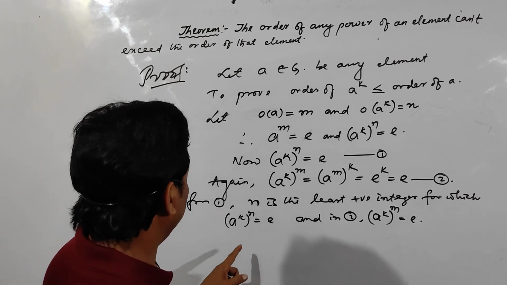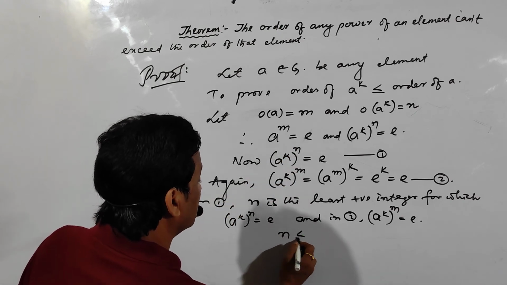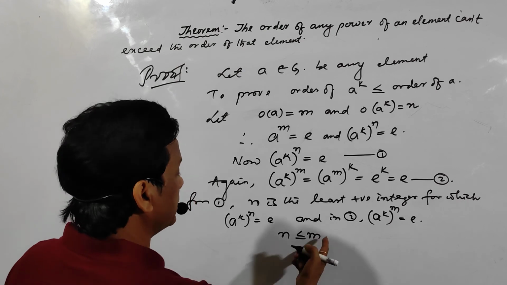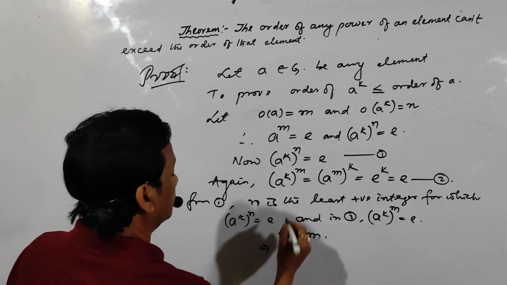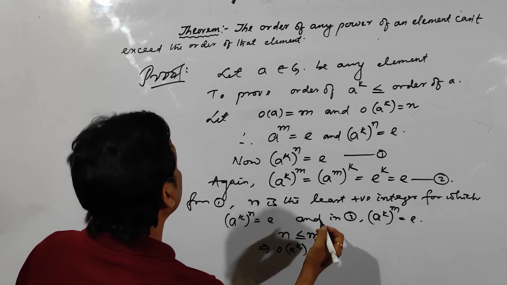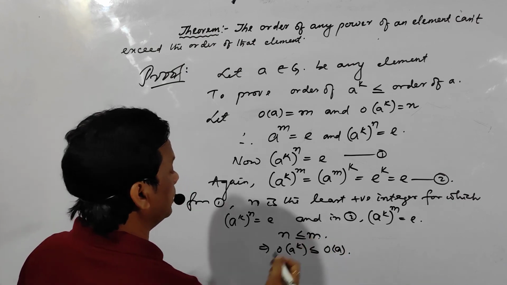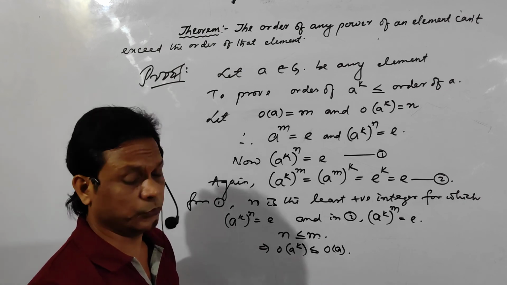Have we written correctly or not? n is less than or equal to m. Okay, so same thing, m is greater than or equal to n. That means, what is n? The order of a to the power k is less than or equal to the order of a. It cannot exceed the order of a. Okay, so this is your proof.